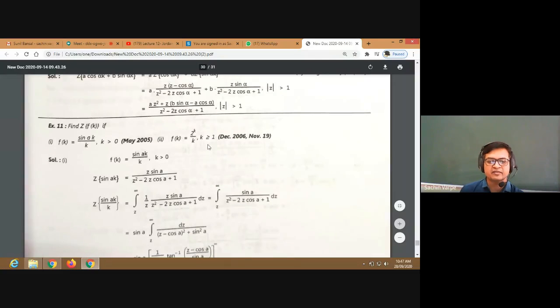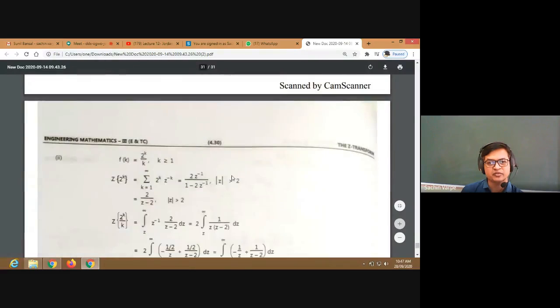So this is again based on the same property, division by power of k theorem. We have obtained the Z transform of such functions earlier by using the basic definition, but now here we are using the properties only, division by power of k theorem.